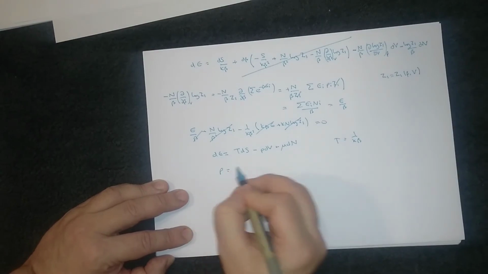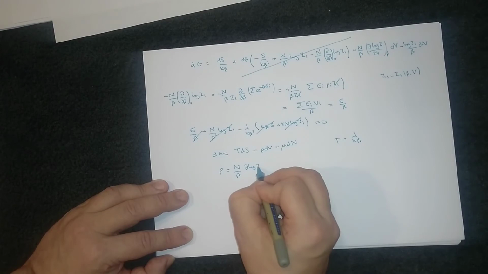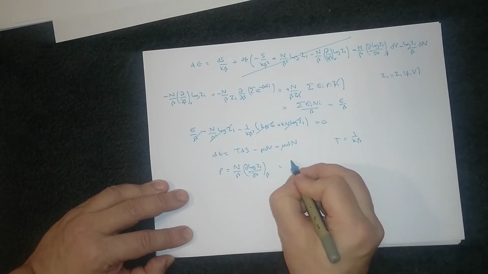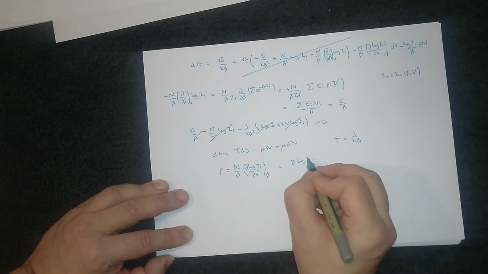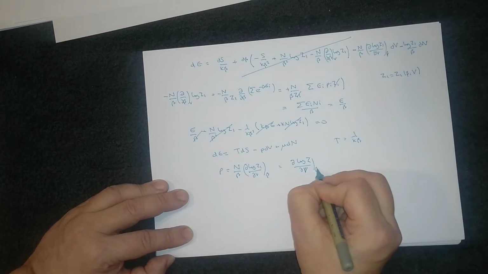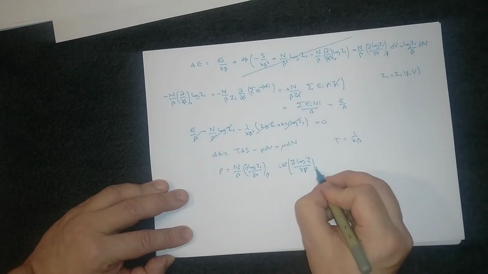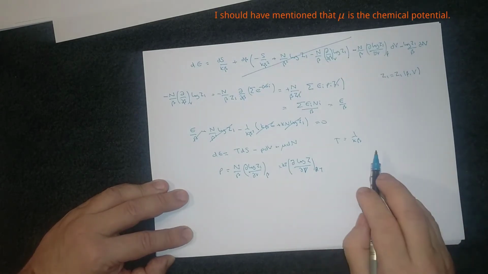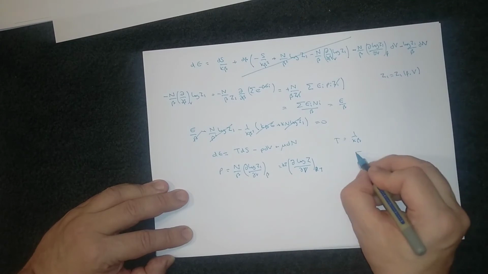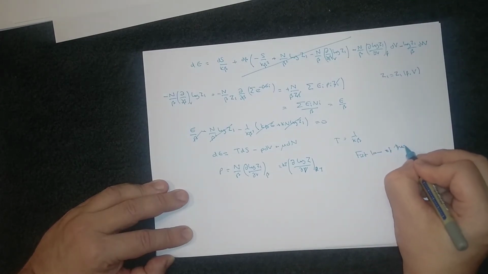P is going to be N over beta d log z1 by dV, at constant beta, which is the same thing as d log Z by d beta by dV, at constant beta, times kT. Now T is the temperature. We recognise this as the first law of thermodynamics.